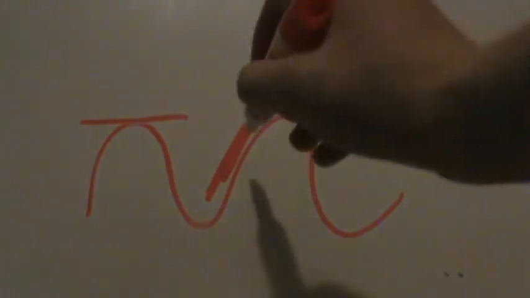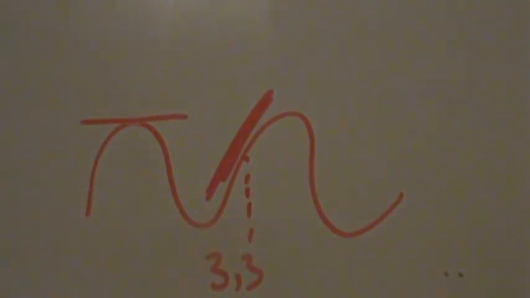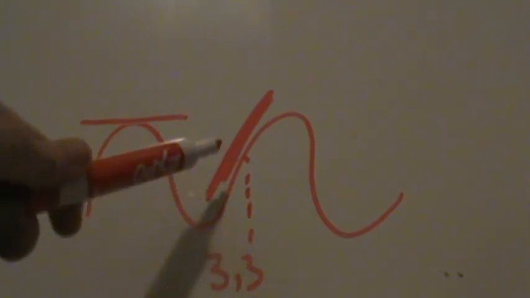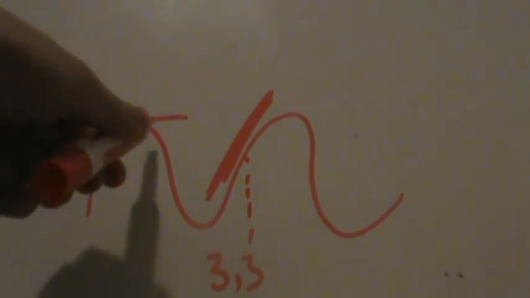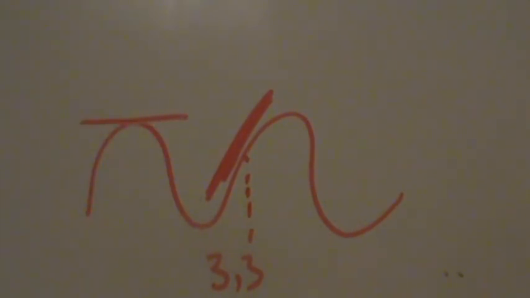If this point right here was, say, 3, 3, I could figure out the instantaneous rate of change at this point and how the function is changing exactly at 3, 3. Obviously here the slope will be 0 and this is a change in concavity, but we'll get there in another video. But basically the derivative is a function that describes characteristics of its parent function. So yeah, I'll leave it at that.